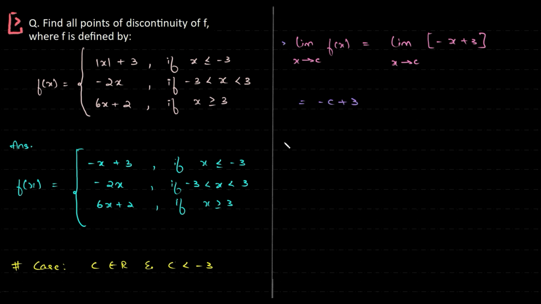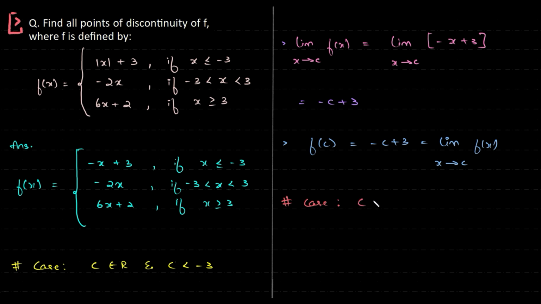While in general we have f of c to be minus c plus 3, which is equal to the limit of f of x as x tends towards c. We'll conclude that it is continuous later on. So let's not talk about the continuity over here, at least not in the statement form.